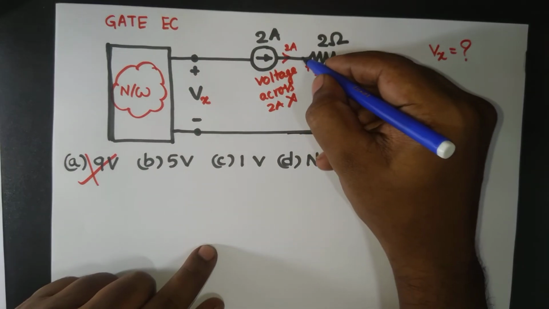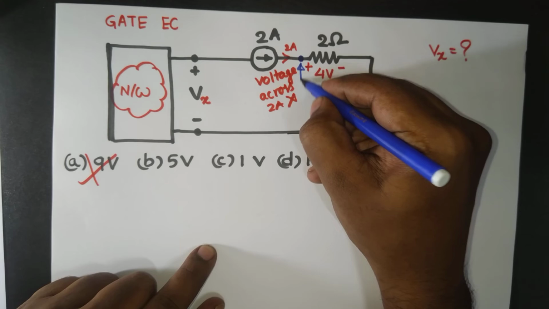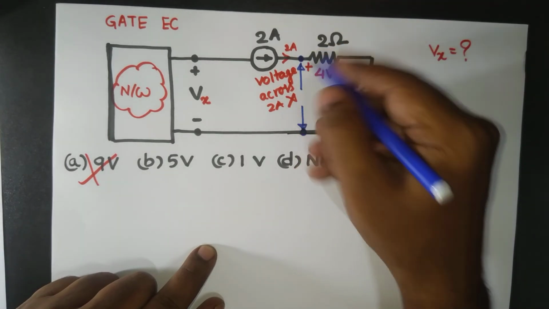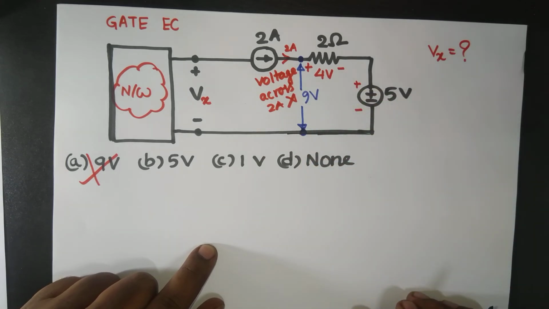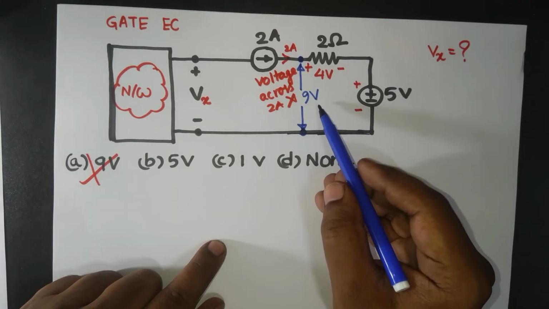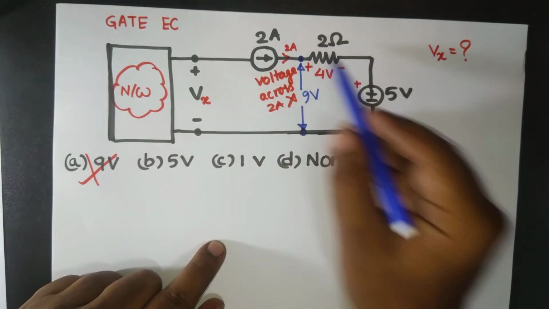For that matter, if I take some terminals here, and someone asks what voltage you have across these terminals, then happily we could say you have 9 volts, because 4 plus 5 is 9. So Kirchhoff's voltage law is okay here, but what about in this network?